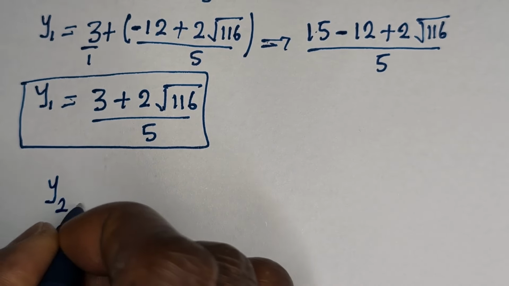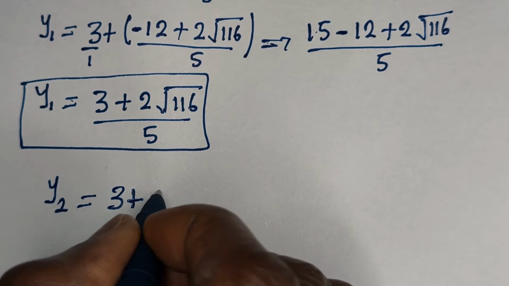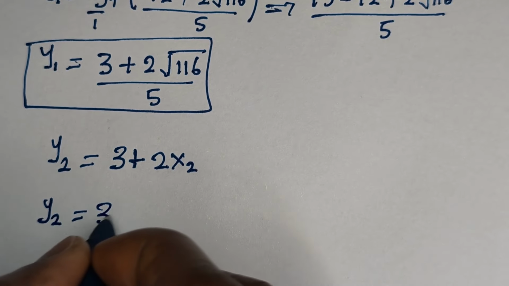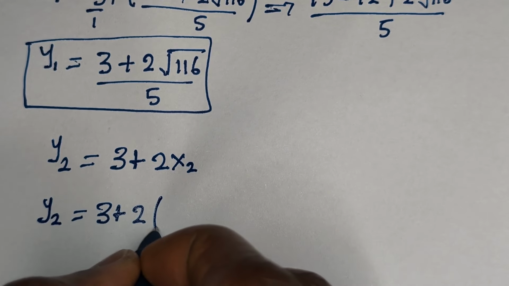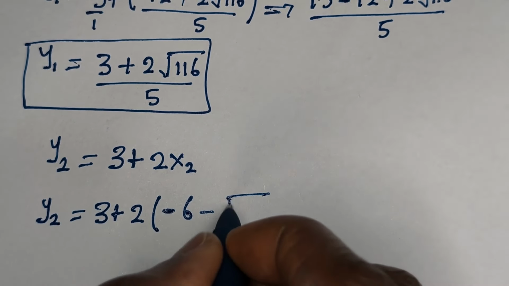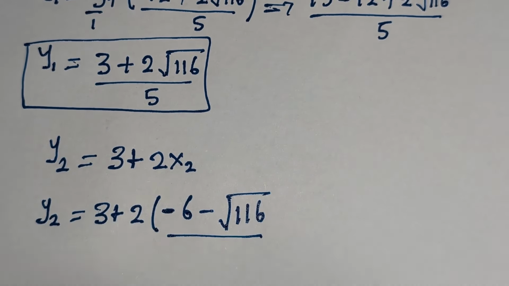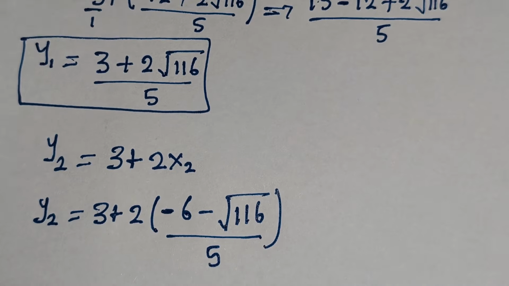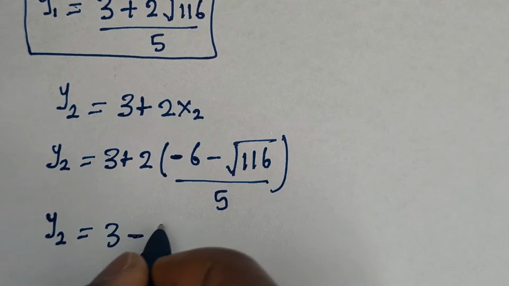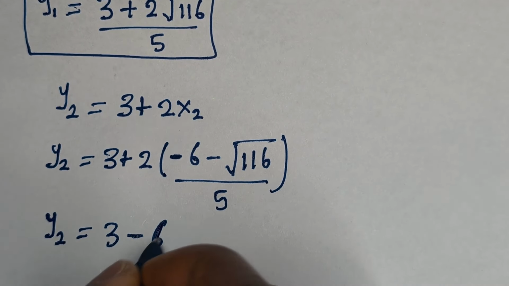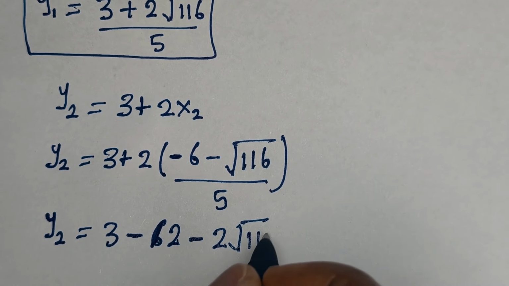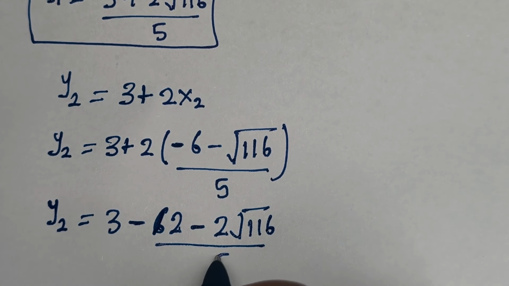Also, y2 is equal to 3 plus 2x2. y2 is equal to 3 plus 2 bracket x2, which is minus 6 minus square root of 116 over 5. y2 is equal to 3 minus 2 times 6, that is 12, then minus 2 square root of 116 over 5.